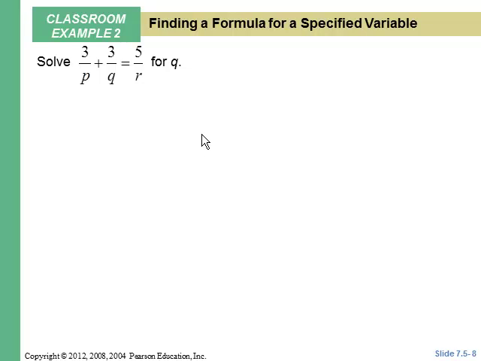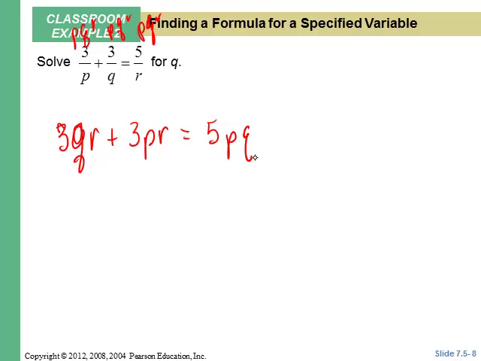Sometimes we need to solve for a variable in an equation, so let's multiply everything by p, q, and r. The p's cancel in the first place, so we have 3qr. Plus the q's cancel in the second place, so we have 3pr equals 5pq. We want the q's all alone, so let's subtract 3qr from each side.